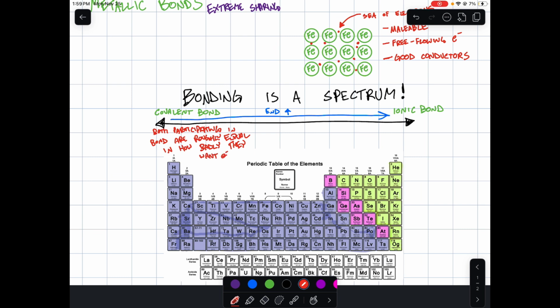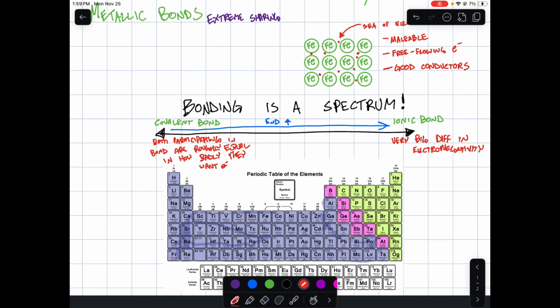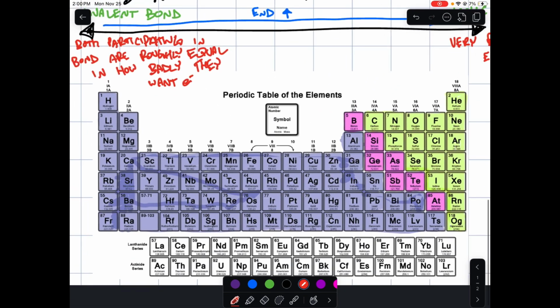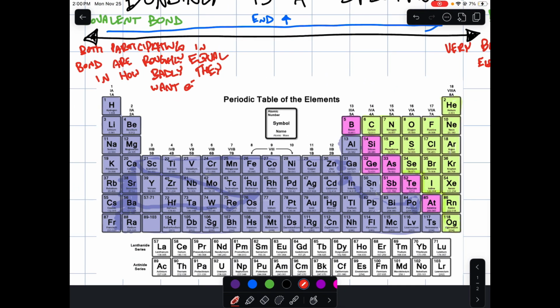And over here we have a very big difference in electronegativity.